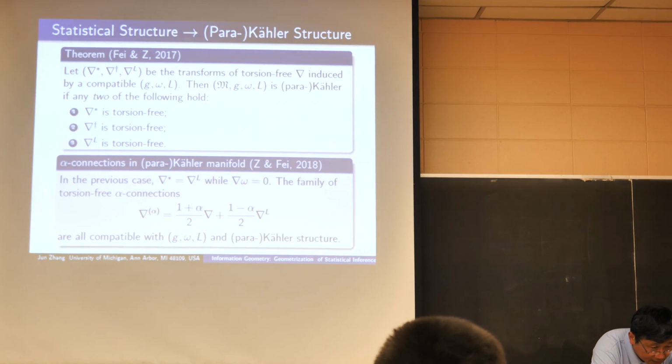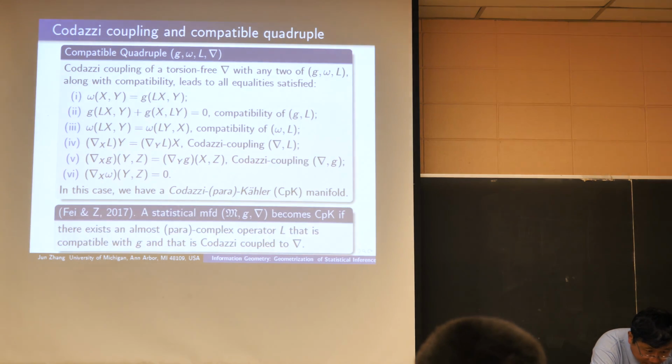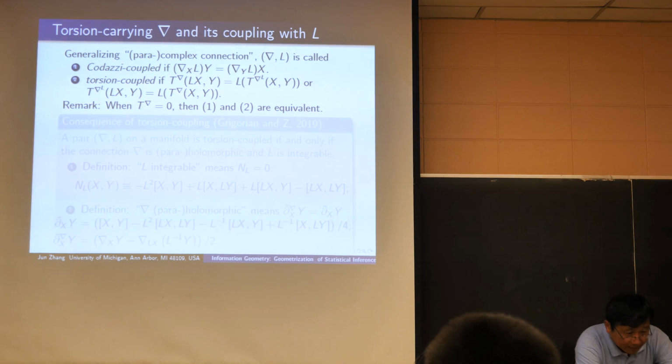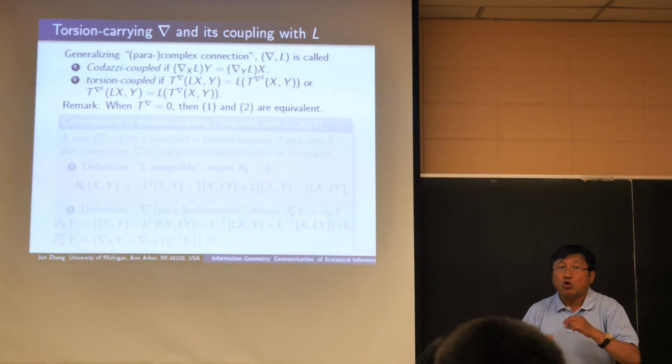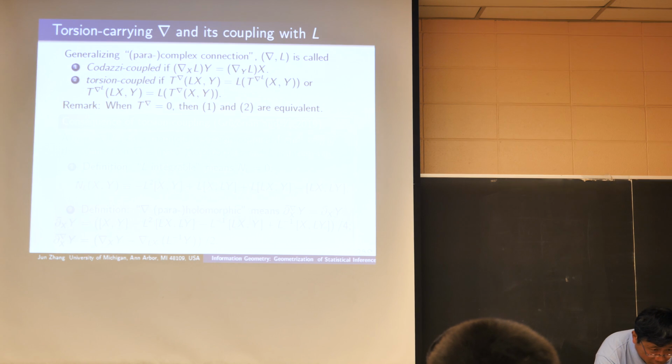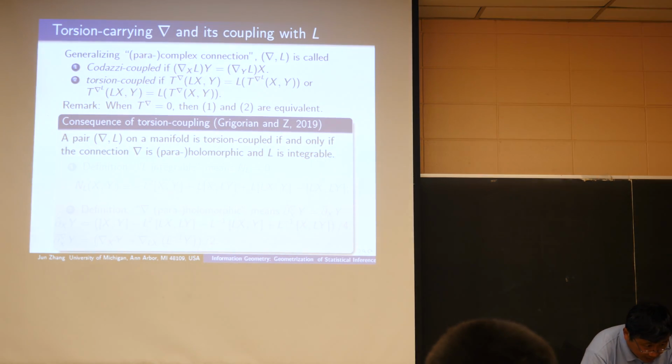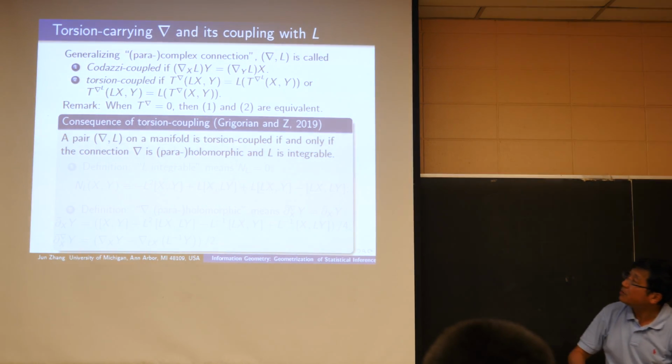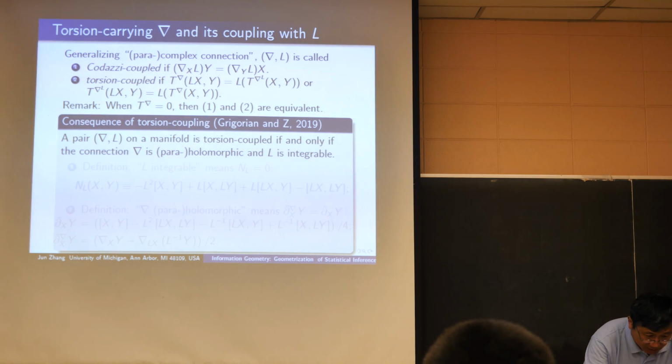More recently we are looking at how torsion can come into play. It turns out that torsion plays a very important and interesting role. This is a paper that was just accepted in Results in Mathematics.